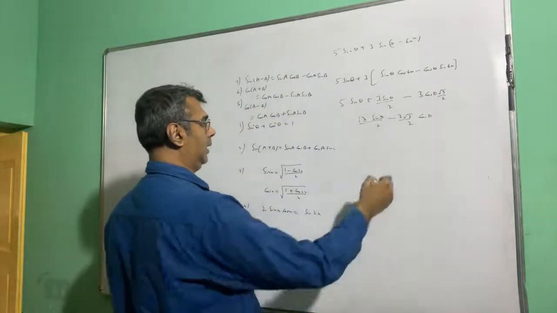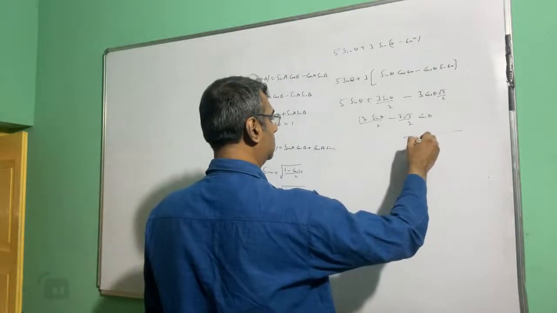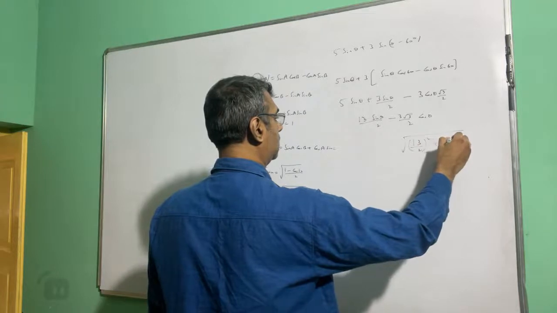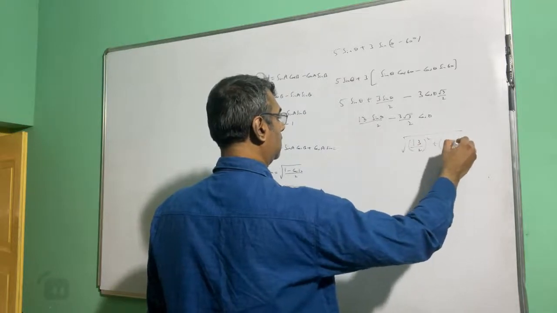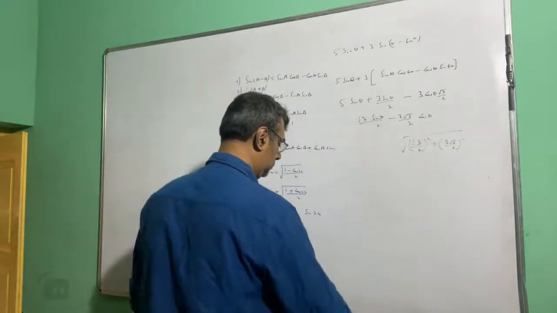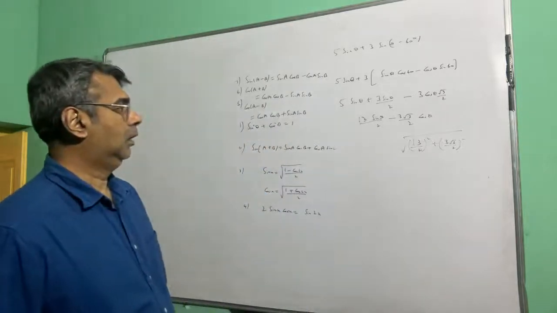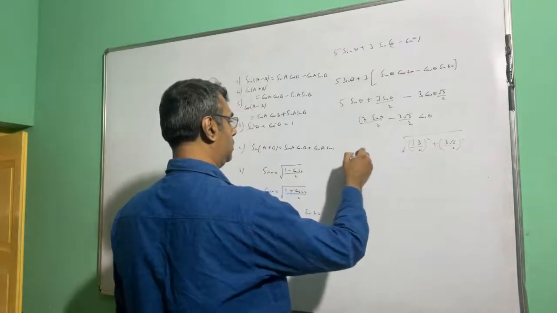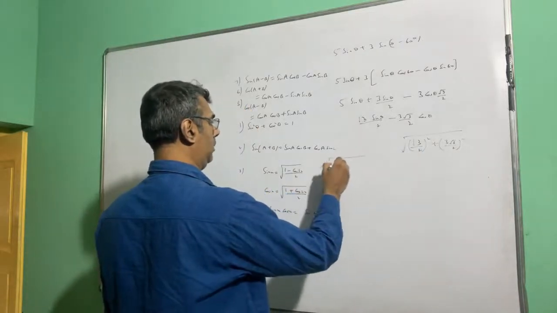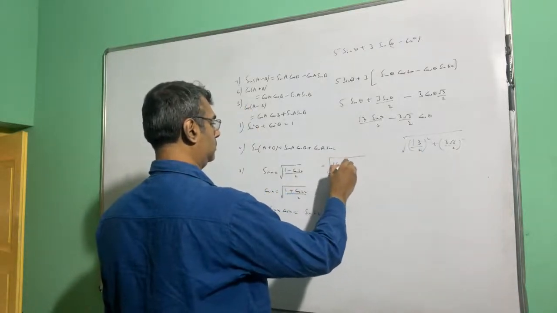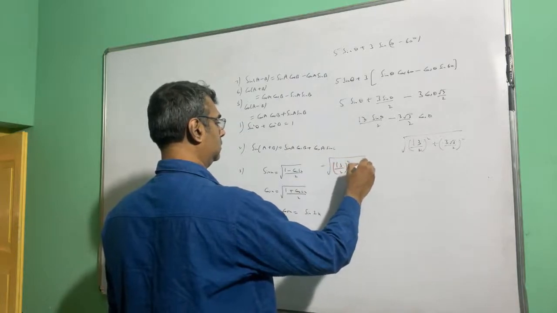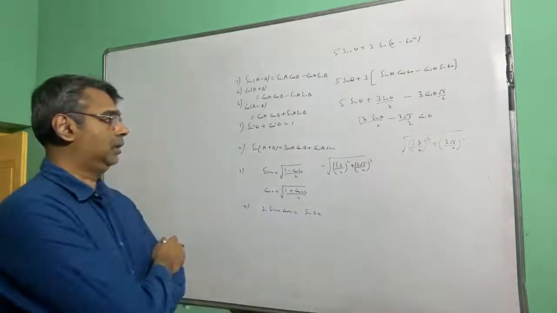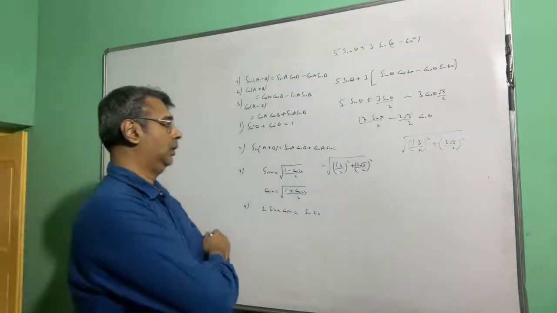So you have to find the maximum and minimum value. The maximum value is root over (13 by 2) square plus (3 root 3 by 2) square, and the minimum value is the negative of root over (13 by 2) square plus (3 root 3 by 2) square.